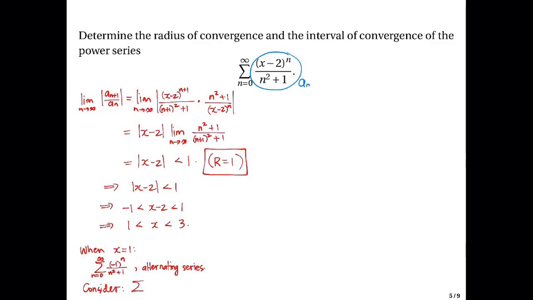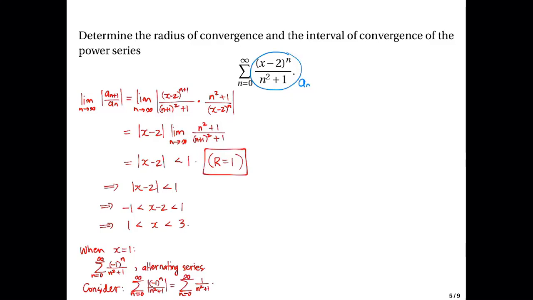the series of the absolute values, |(-1)^n| over n squared plus 1, from 0 to plus infinity. But this is just the series 1 over n squared plus 1, n from 0 to plus infinity.